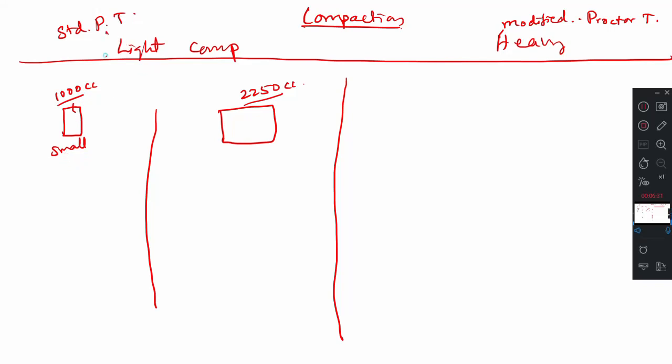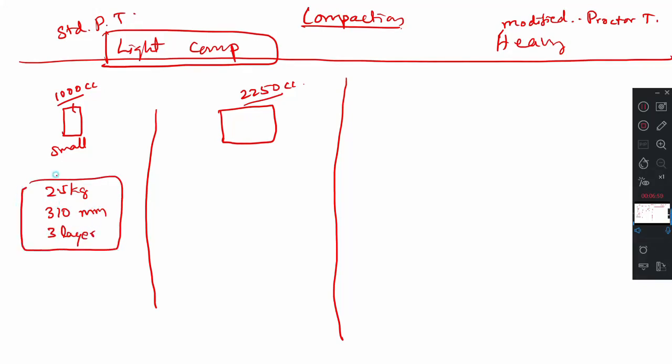Now look here, you are doing light compaction, therefore I will write three terms without any doubt: 2.5 kg hammer, 310 mm drop, and 3 layers. This belongs to light compaction. Then what about the bigger mold?